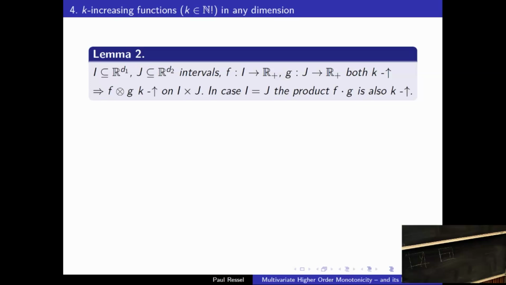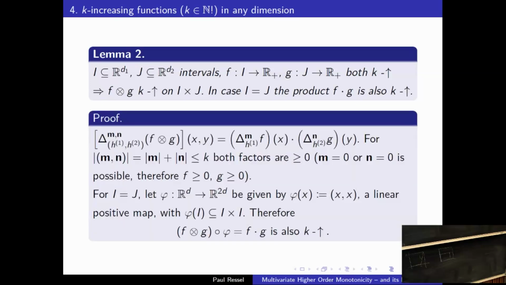Another lemma: if I have two intervals in different spaces and two non-negative k increasing functions, then also the tensor product is k increasing. And in case that I is equal to J, also the usual product is k increasing. So it's multiplicatively stable.